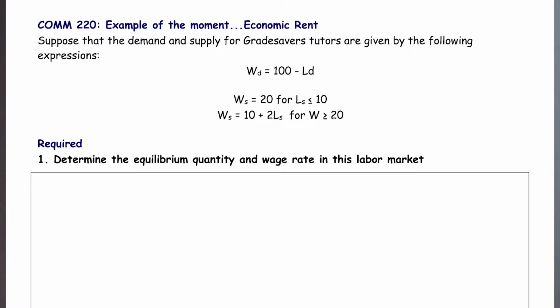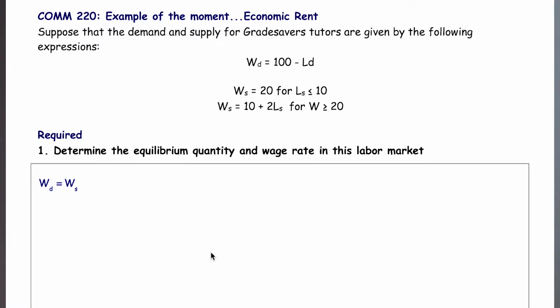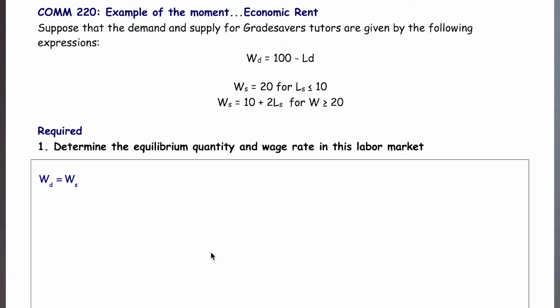So the way that we're going to do that is simply by equating the labor demand curve to the labor supply curve. So the idea is to equate WD to WS. I would recommend to start this process off with the second supply curve. And if you end up with a wage rate that is less than 20, then you would repeat those steps with the first supply curve.